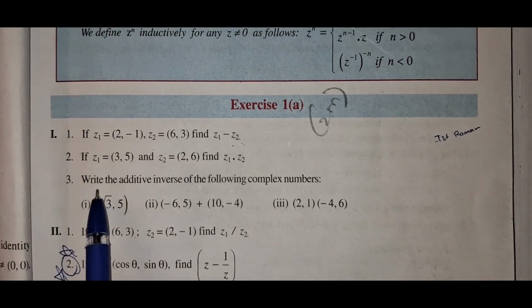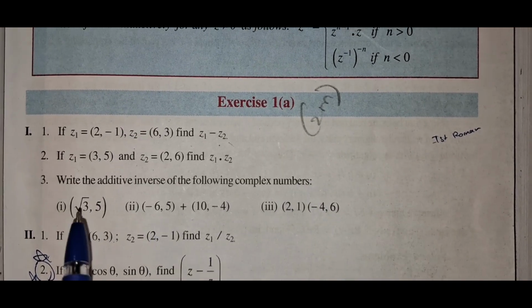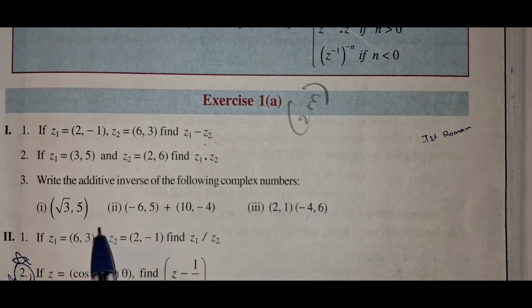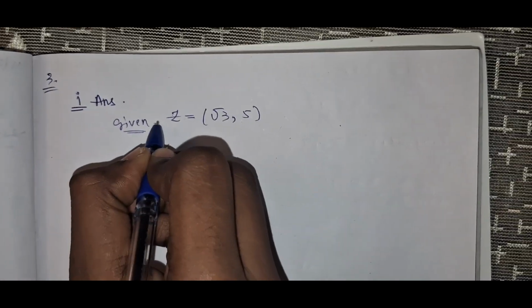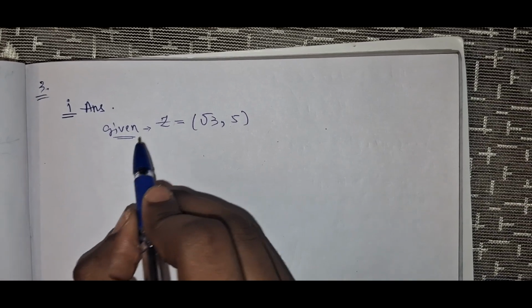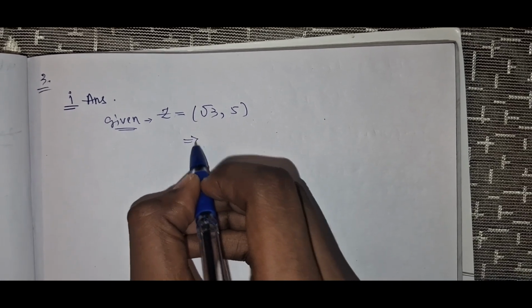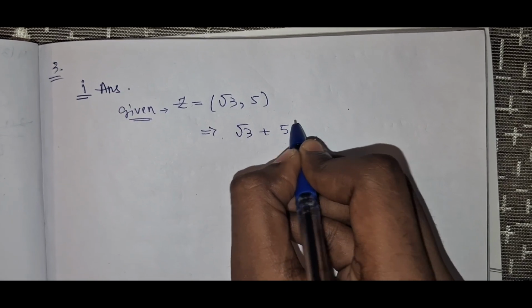Third bit, write the additive inverse of the following complex numbers. So we need to find the additive inverse of the given complex numbers. Let's find it out. Given z is equal to (root 3, 5), writing it in the other form, we get root 3 plus 5i.